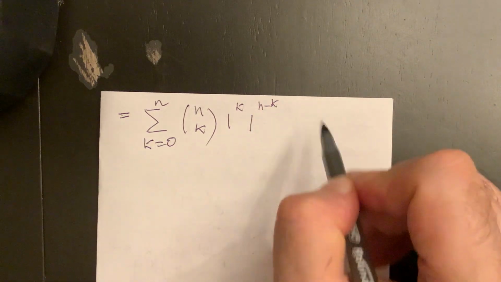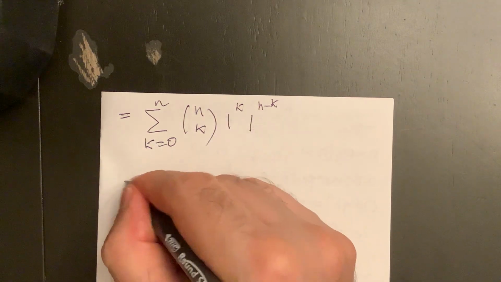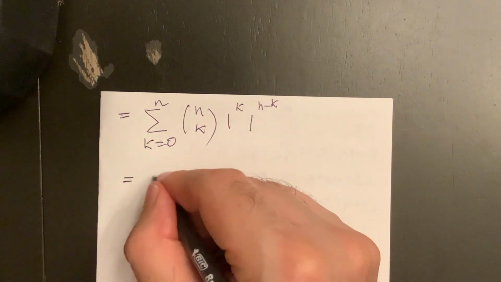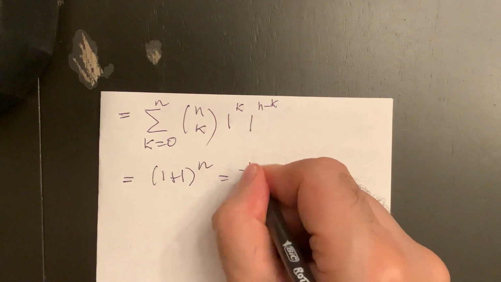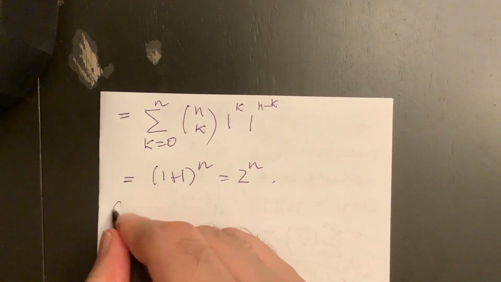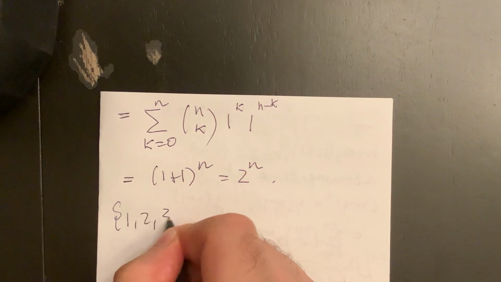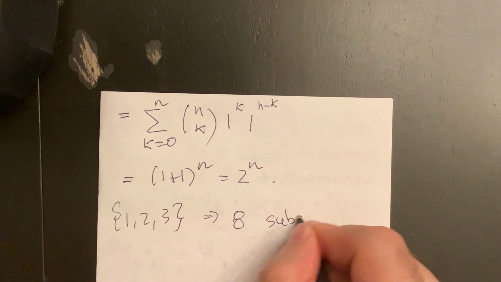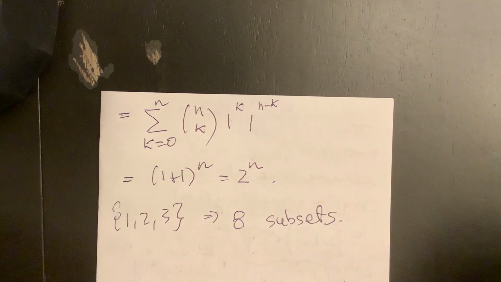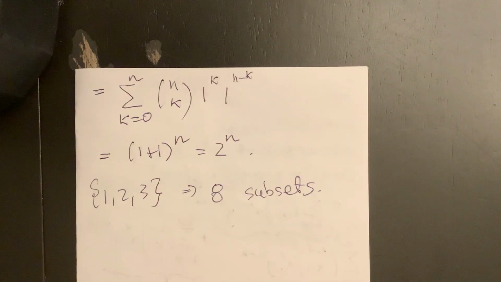Okay, but this is the binomial theorem in reverse. So going backwards from the binomial theorem, this is 1 plus 1 to the n, or 2 to the n. So for example, for 1, 2, 3, there's 8 subsets. Okay, as you can check.